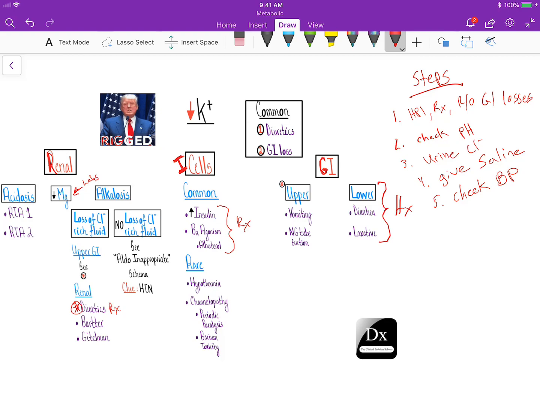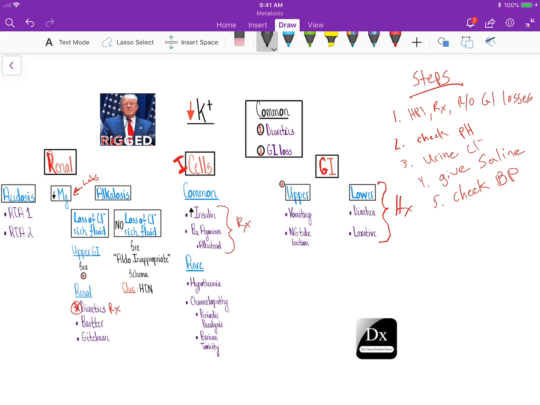All right. One step I actually wanted to put, I guess it should go right here, is asking yourself, is this problem located at the kidney? Is the kidney behaving appropriately?